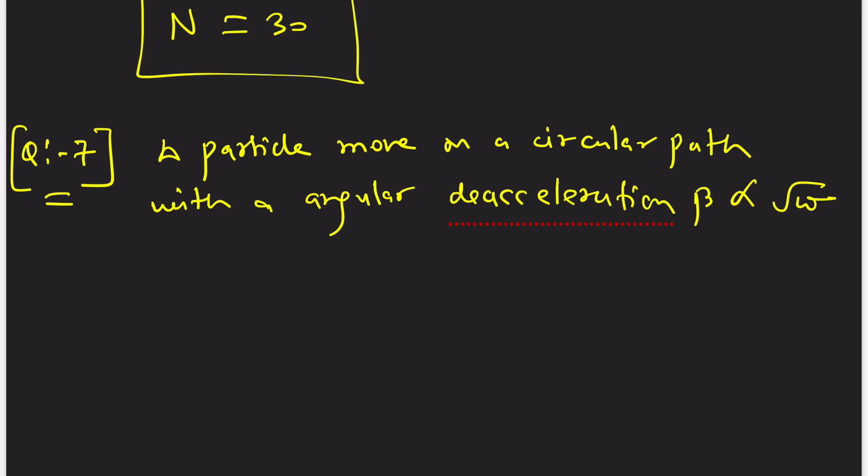So this is your angular deceleration, where omega is the angular velocity. So this is given.